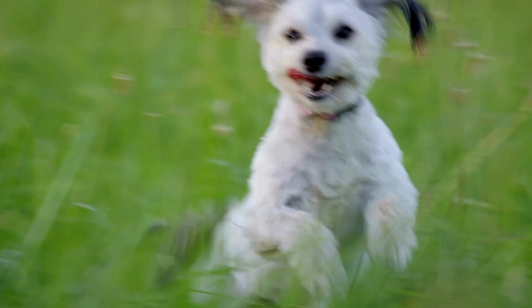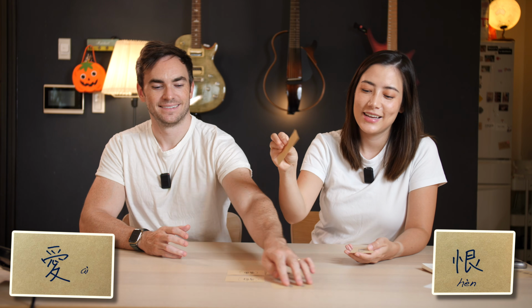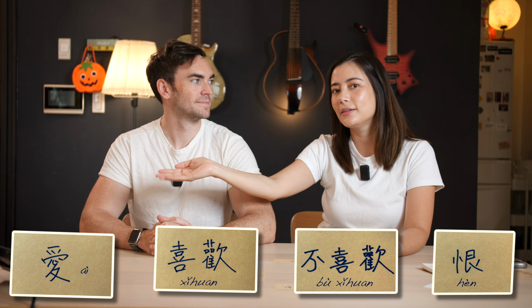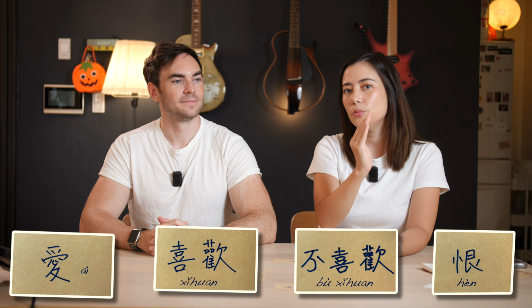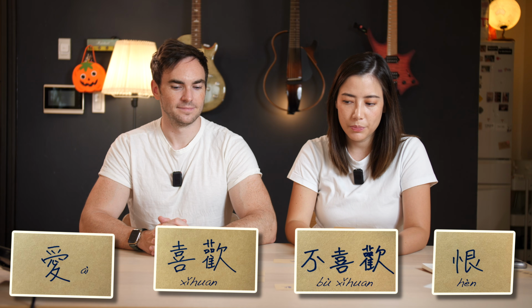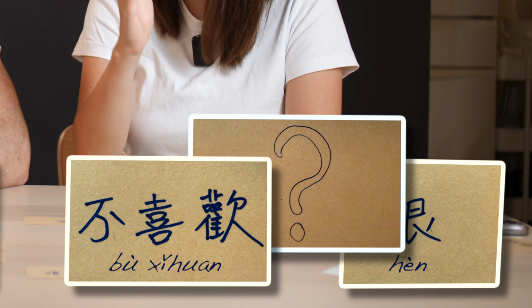I love dogs. 爱. Yeah. 我爱狗. That's correct. So we've got hate, love, like, dislike. 爱, 恨, 不喜欢, 喜欢.